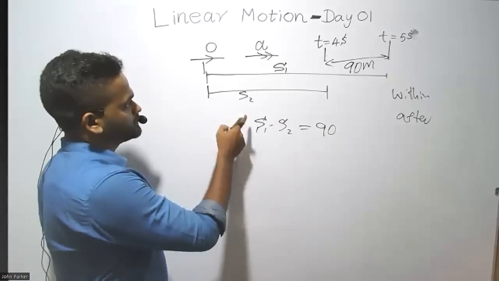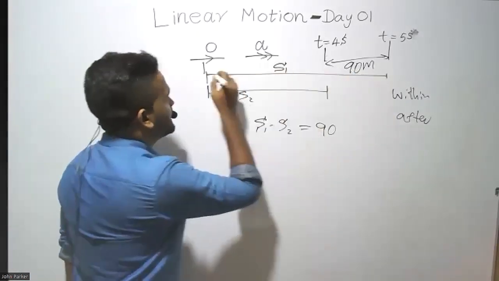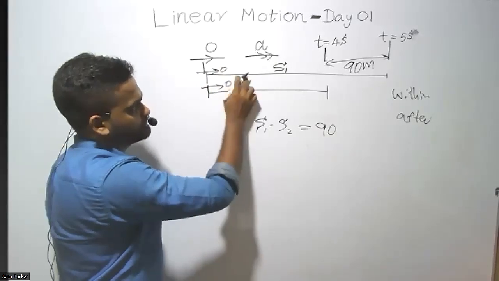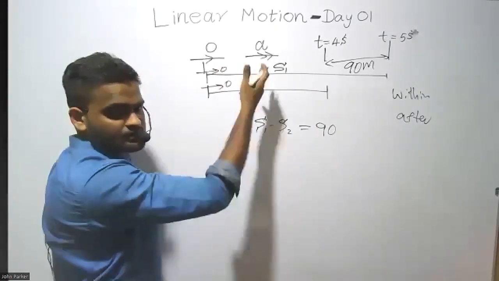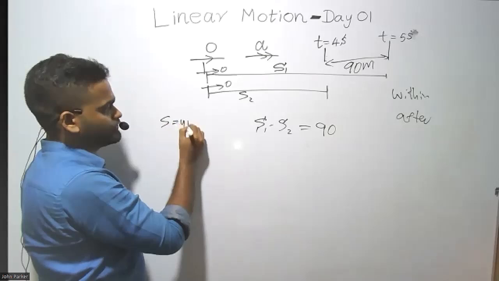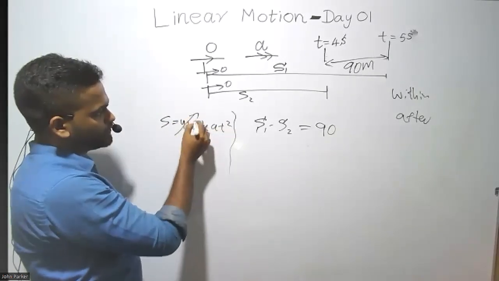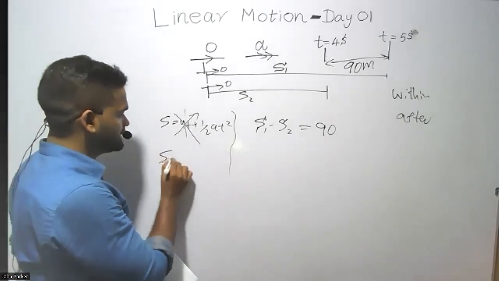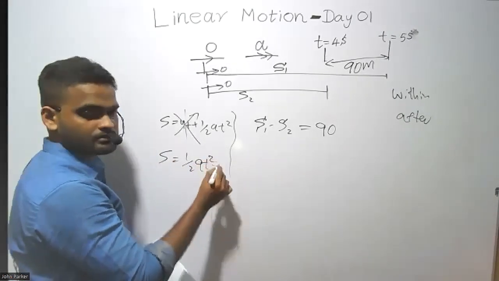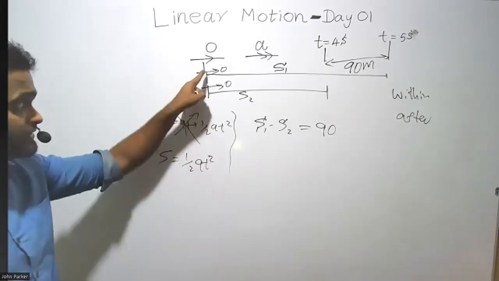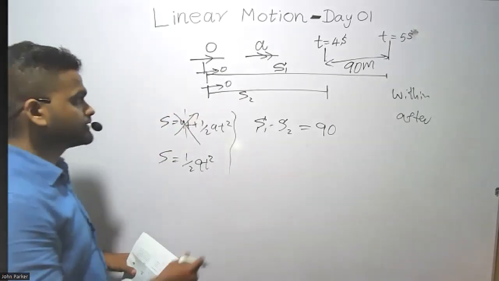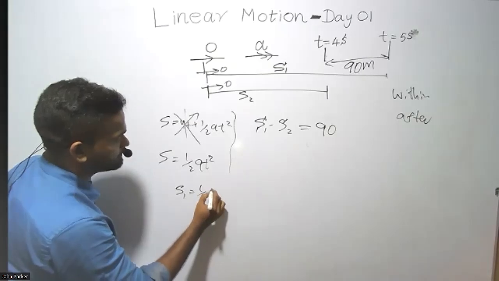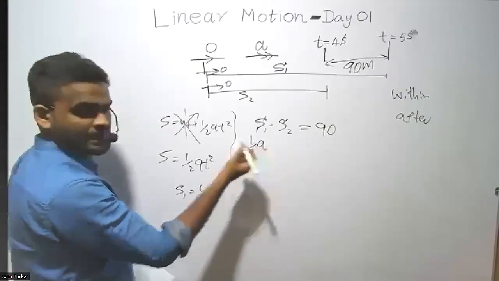So S1 is from here to here. You can see initial velocity is 0 in both cases. So when you think about this equation, you can neglect the ut part because initial velocity is 0 there. So the equation becomes just half at squared. Understood? Because initial velocity is 0. Right. Then S1, what is S1? Half, acceleration we don't know, that is a, right?